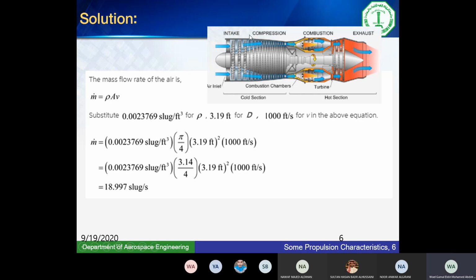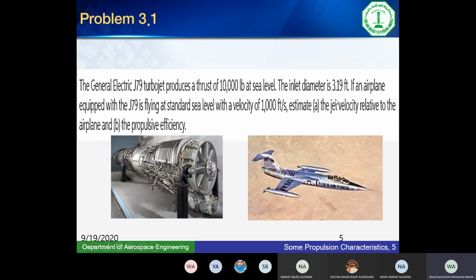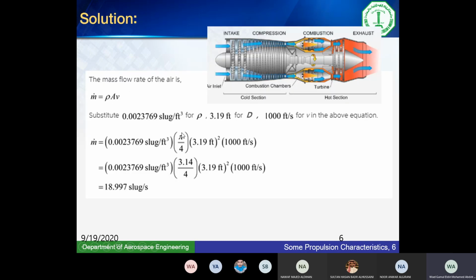The area of the engine, I can calculate from the diameter. The diameter is 3.19, so the area is pi over 4 times the diameter squared. And the speed here is the same speed of the aircraft, because if the aircraft is moving forward with 1,000 foot per second, air is moving backward with 1,000 foot per second. So the speed is 1,000.